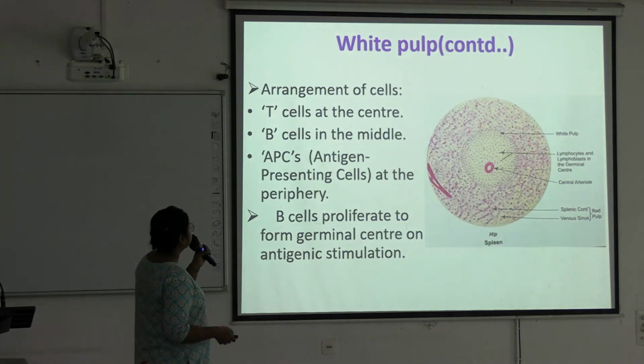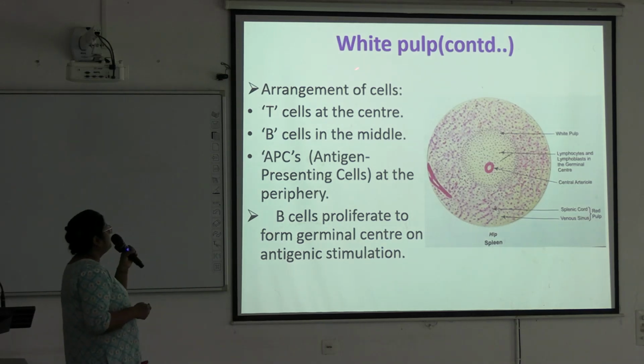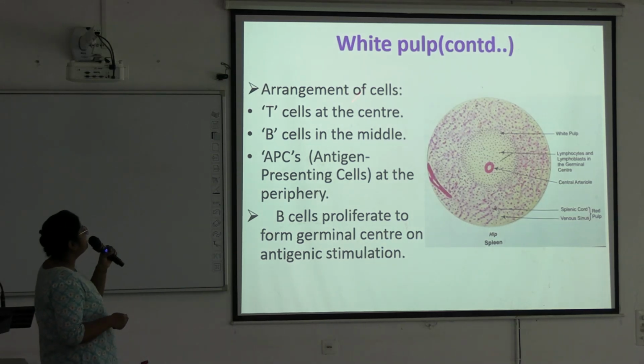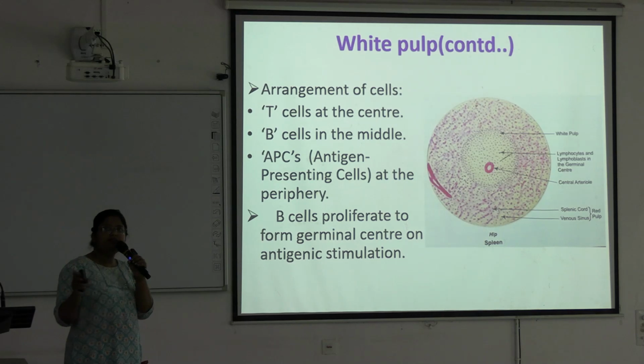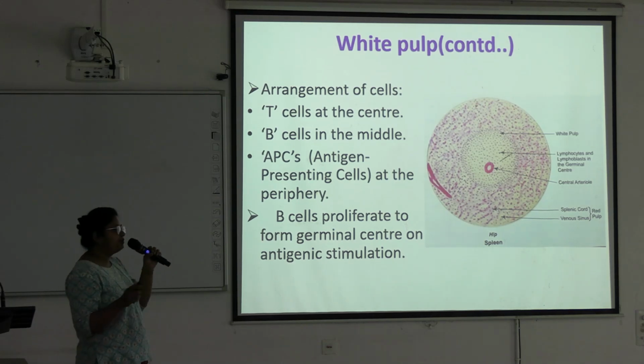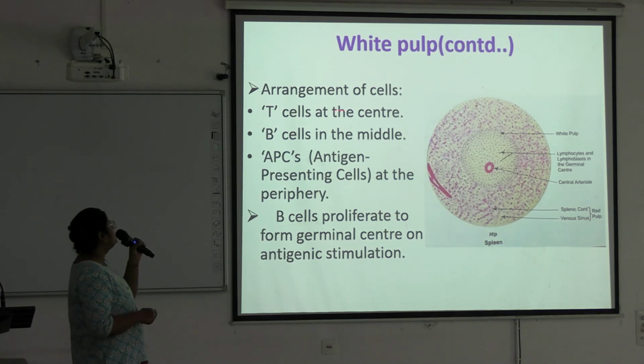Next, what is the arrangement of cells in the white pulp? This is asked in your viva and short questions, OSPE questions like this. T cells are lying at the center. See, this is the location of the central arteriole in eccentric position, and this is the white pulp.